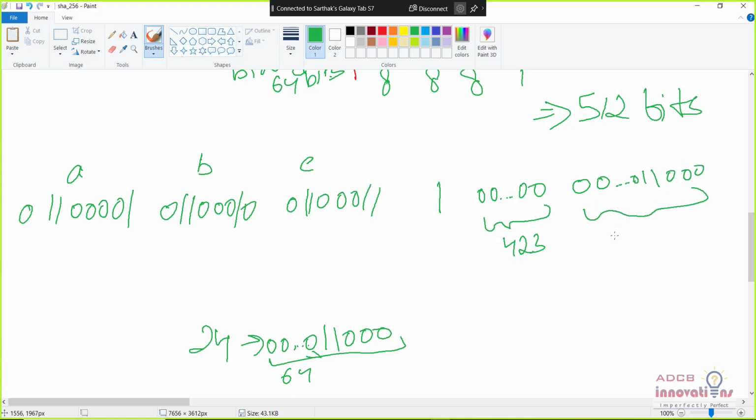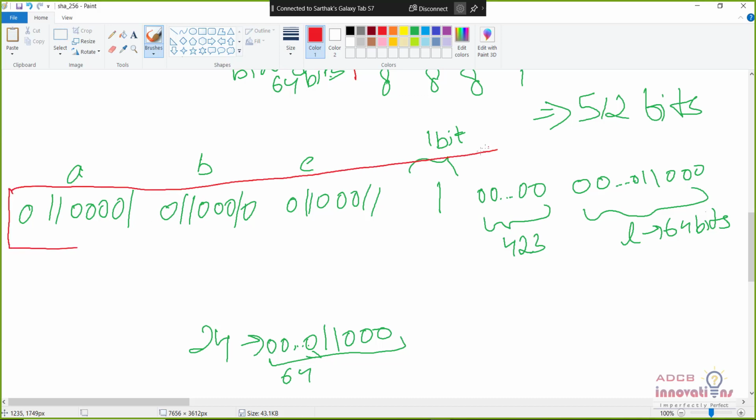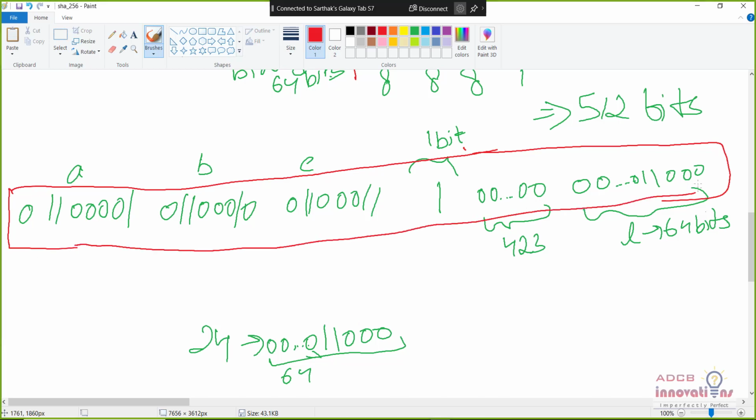It is L in 64 bits. All right, this is that 1 bit. So this whole thing is our actual input, that is the 512-bit input.